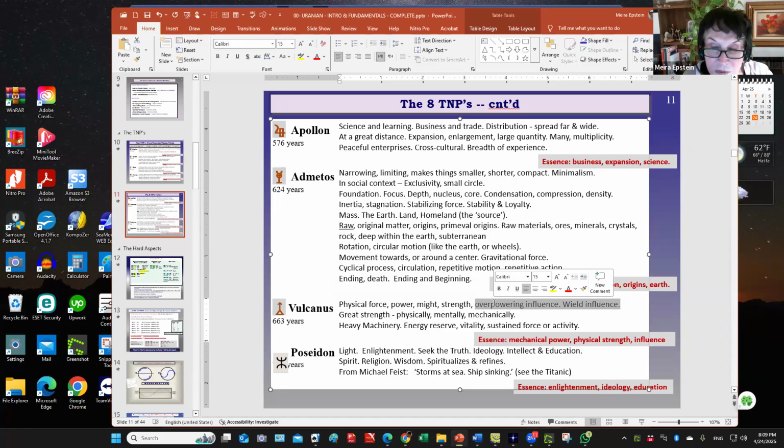So if you have Vulcanus, let me finish the reading here. Great strength, physically, mentally, mechanically, heavy machinery, energy reserve, vitality, sustained force of activity. I like the word vitality. So if you see Vulcanus with the sun, I think of vitality, like physical vitality in the body, the ability to have enough energy in you.